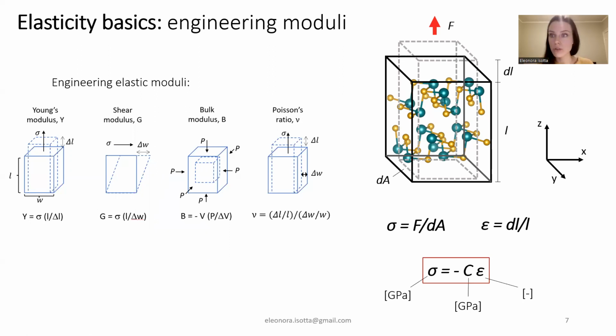We have the shear modulus, that is the elastic constant that quantifies the deformation coming from a pure shear stress. The bulk modulus instead quantifies the change in volume that happens with a hydrostatic pressure. And the Poisson ratio quantifies the change in cross-section of our material when we have a tensile stress. So these are the engineering elastic moduli and define, let's say, very simple elastic cases.